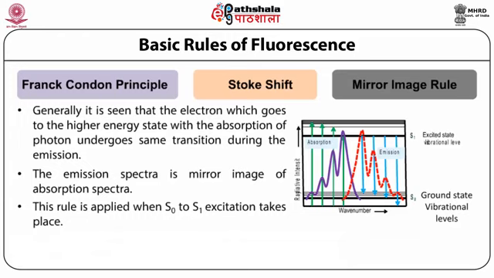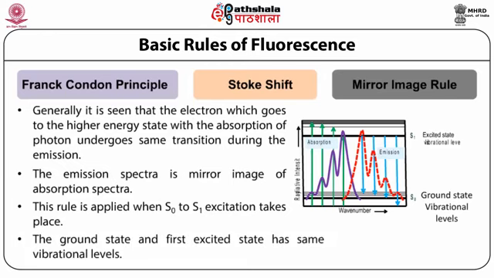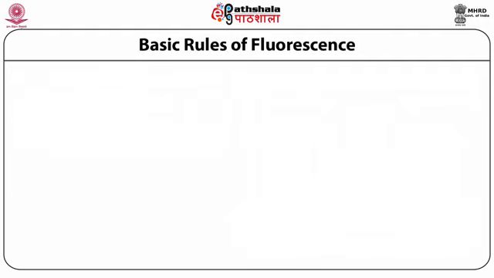The emission spectra are the mirror image of absorption spectra during this transition from the ground state to the first excited state. Same transition occurs between ground state and first excited state, shows the similarities of vibrational levels of ground and first excited states. Exceptions of the mirror image rule.